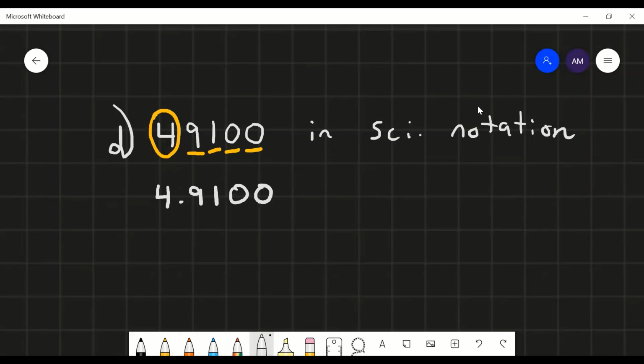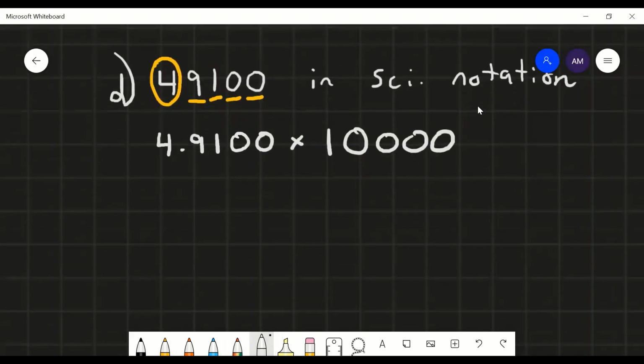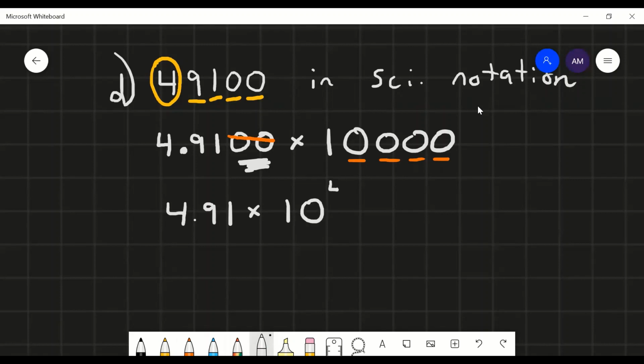I'll write the zeros for now, times 1 with 4 zeros. Now, these 2 zeros here are not necessary because they come after a decimal place. So we don't really need these. And this has 4 zeros in it. So 4.91 times 10 to the power of 4, because there are 4 zeros. And this would be our answer.